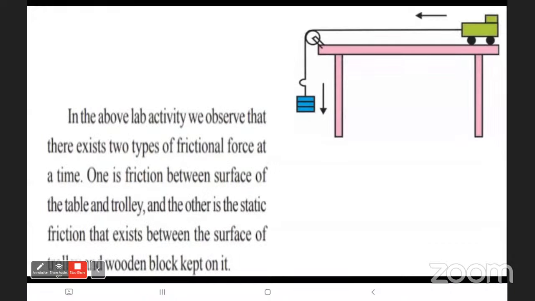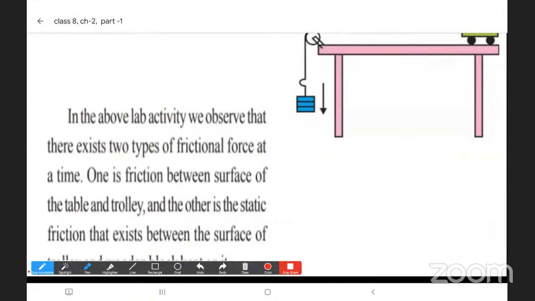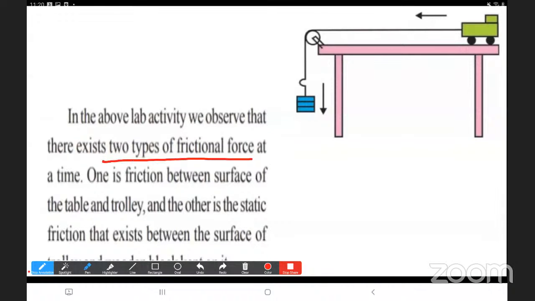Okay. So from this activity we observe that two types of frictional force exist at a time. What are the two forces here? One is the friction between the surface of the table and the trolley. Here you can observe it on the surface of the table and the surface of the trolley.